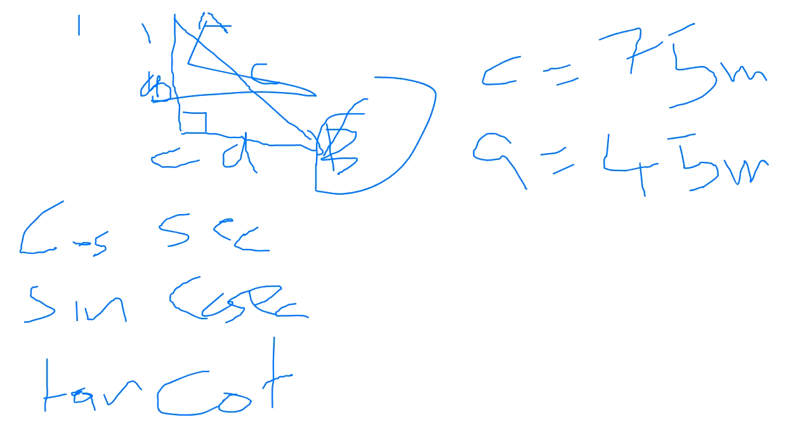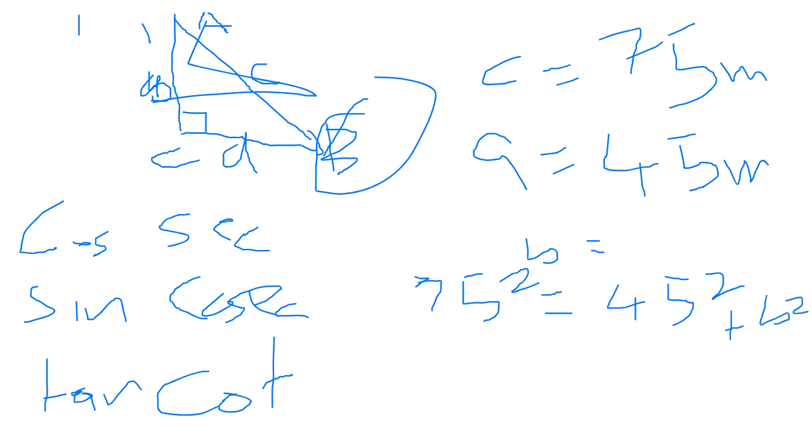So we must find B. Before we can find the trig ratios, at least we must know B. We can use Pythagoras theorem to find B. That is C squared, which will be 75 squared, equals A squared, which is 45 squared, plus B squared, which we don't know.